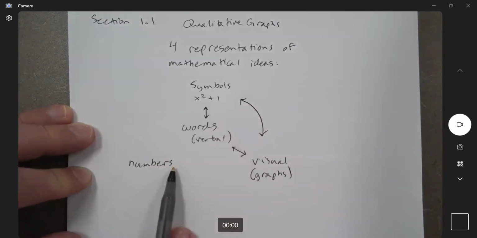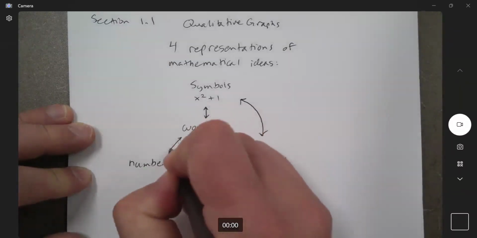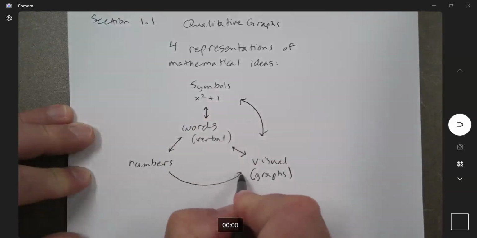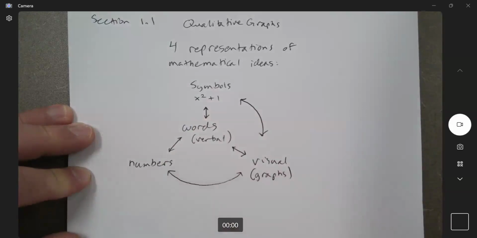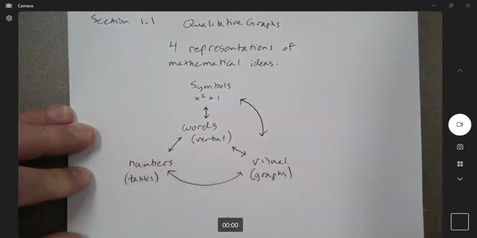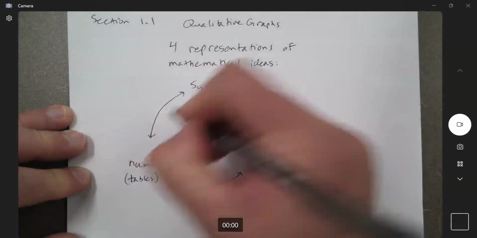I think using numbers to understand mathematical ideas is really powerful. So going between numbers and words, numbers to visual, and often numbers, when talking about mathematical ideas, are presented as tables, but not always. And then going from numbers to symbols.